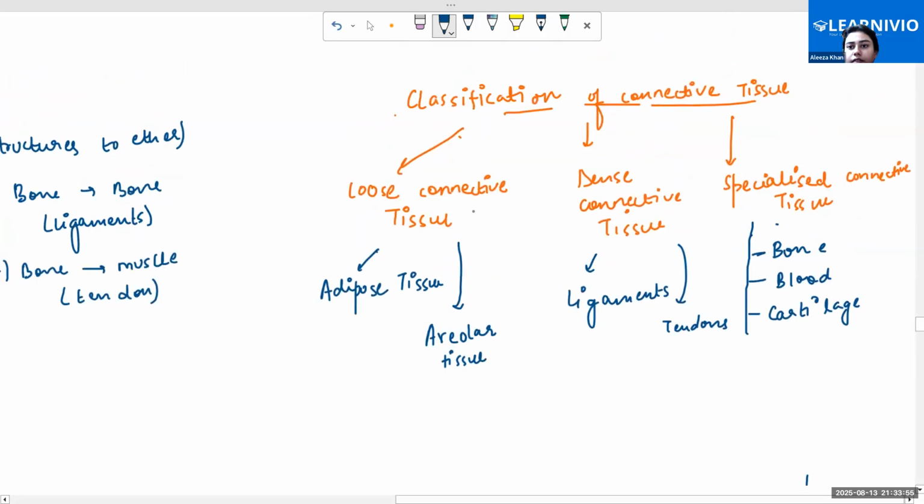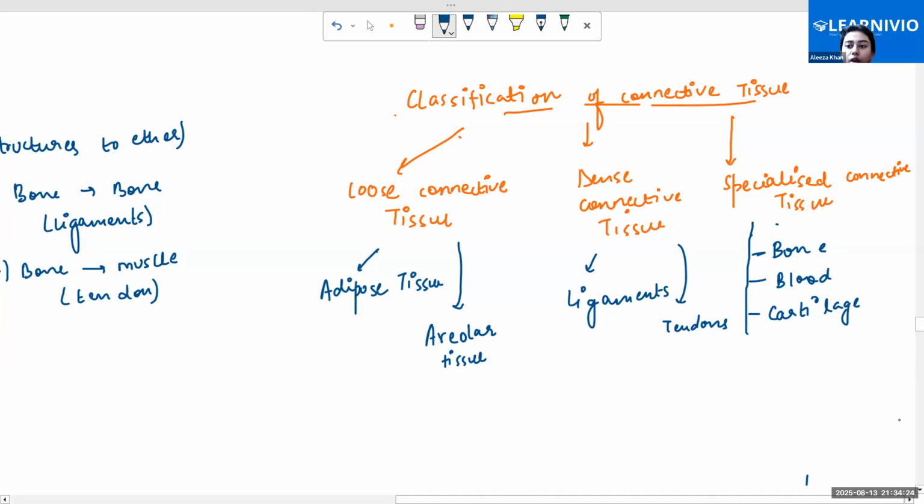No, ma'am. Your adipose and areolar tissues come under the loose connective tissue, whereas ligaments and tendons are under the dense connective tissue. Ligaments connect bone to bone and tendons connect bone to muscle. This we will talk about in brief. Since only three are there in your textbook, they are considered under the specialized connective tissue.